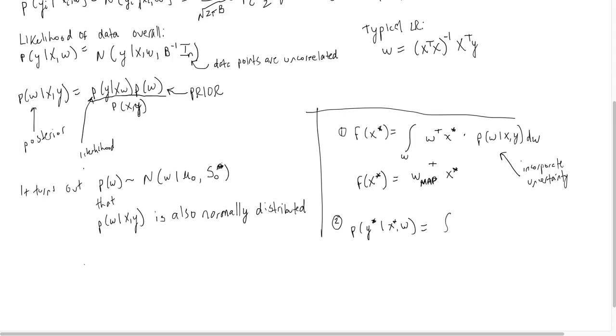The way I would do that is, again, integrate over w, integrate over your posterior distribution, and we would just take the probability of that y given x and w, and we remember that we said that y was generated according to a normal distribution.